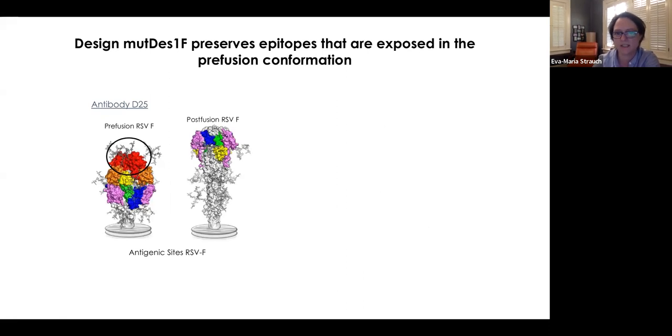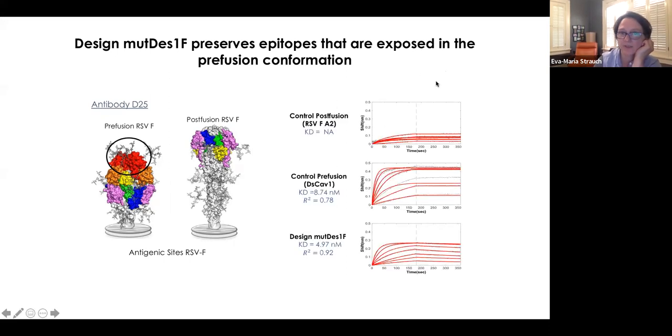So then we can take antibodies to check whether the pre-fusion state is actually intact. And so here, what we would expect from the original strain, which is mostly in this post-fusion, you don't get much binding, but both DSCAF and our design have binding very nicely.